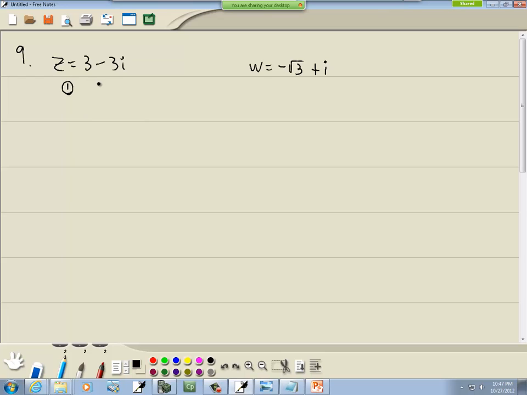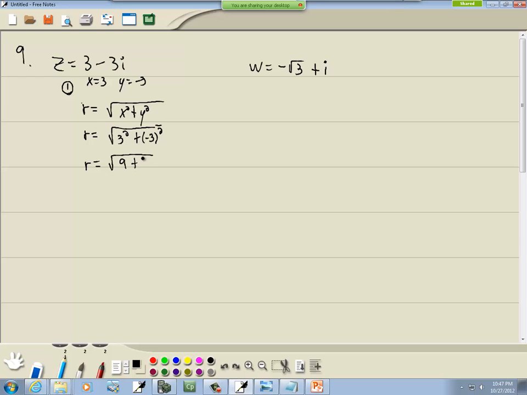So first thing, of course, the x is the 3, y is the negative 3 here. First thing we have to do is find r. So r is equal to square root of x squared plus y squared. So r is equal to 3 squared plus negative 3 squared. 3 squared is 9.